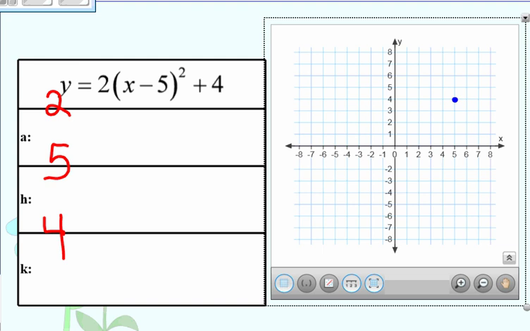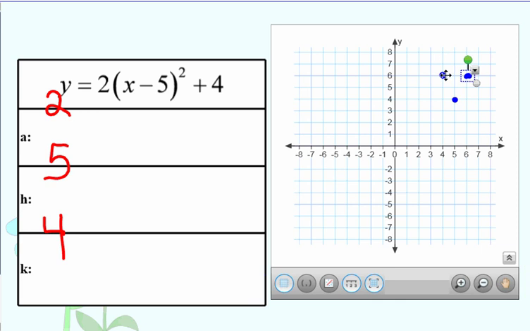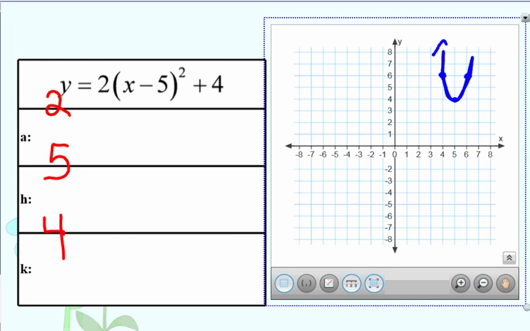But because the amplitude is 2, we're actually going to go to the right and left 1, and then up 2 to mark our points. So there would be our quadratic function there.